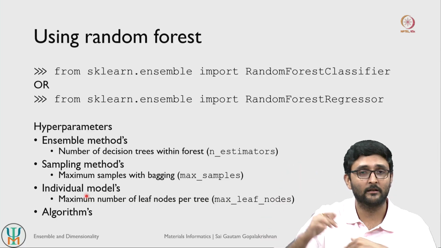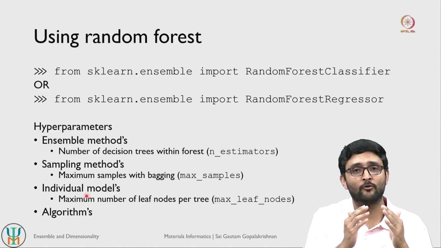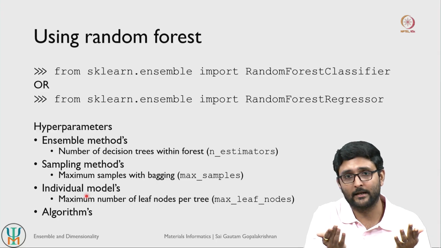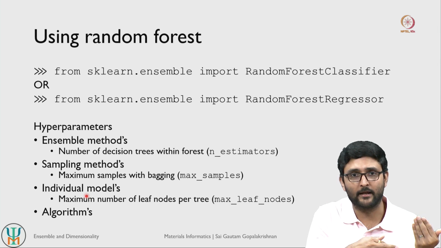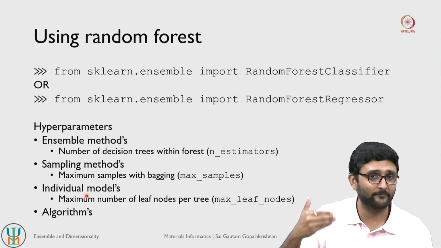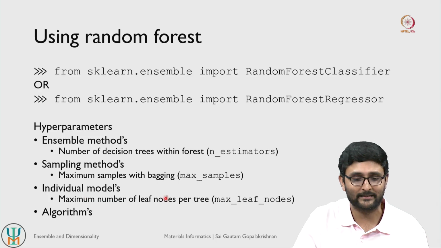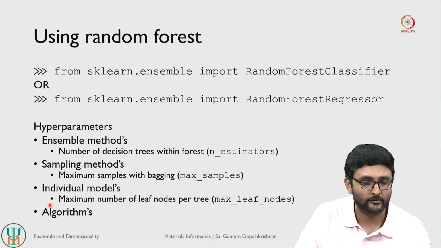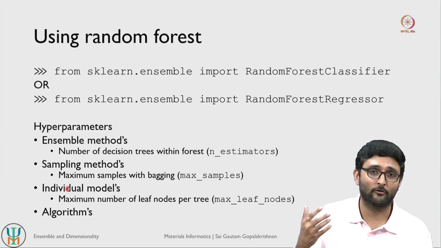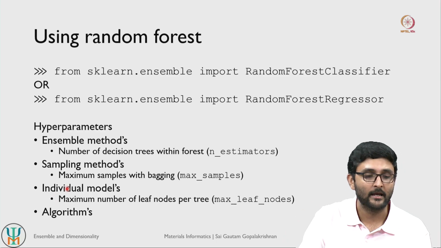That is at the ensemble level, but for each tree you also need to specify its own hyperparameters, right. That could be the maximum sets of hyperparameters that we saw in the previous lecture, or it could be the minimum set of hyperparameters, right. So one example is maximum leaf nodes. So how many leaf nodes should you have per decision tree, right. So individual models will also have their own hyperparameters that we will have to optimize.